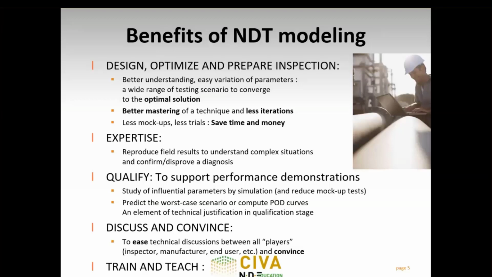The idea is to understand better and master better what you are doing thanks to modeling, to see what the promising solutions are, and then with fewer iterations and maybe less money spent, you could reach better, optimized solutions with fewer mockups and fewer trials. Of course, it doesn't mean no mockup and no trial. It will be necessary to go to physical tests at the end, but modeling should help to already show you an interesting way to design inspection solutions.